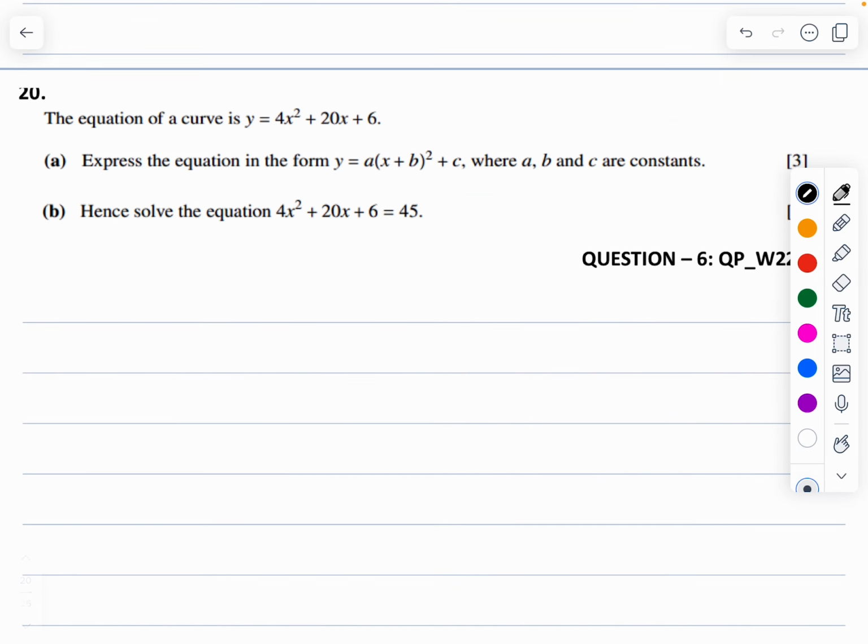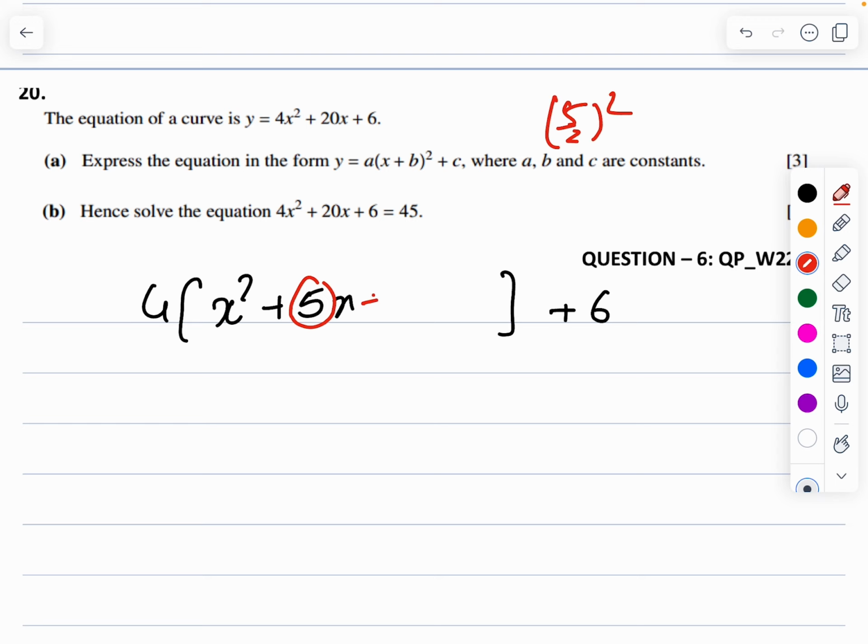Question number 20. Completing square. Take 4 common from the first 2 terms, then plus 6. Now this is 5. 5 upon 2 is 5 upon 2 only. Then add 5 upon 2 square and subtract 5 upon 2 square.